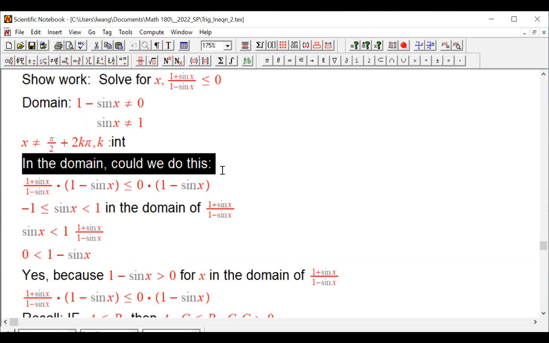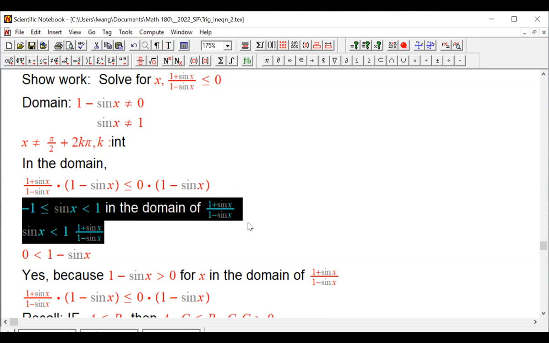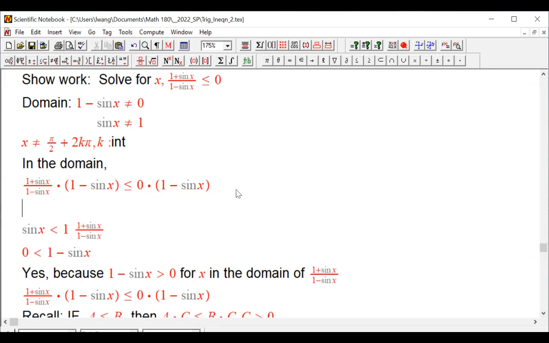In the domain, here you can cite a reason: 1 minus sine x is always positive. Equals to 0 is not going to happen because we're discussing it in the domain.